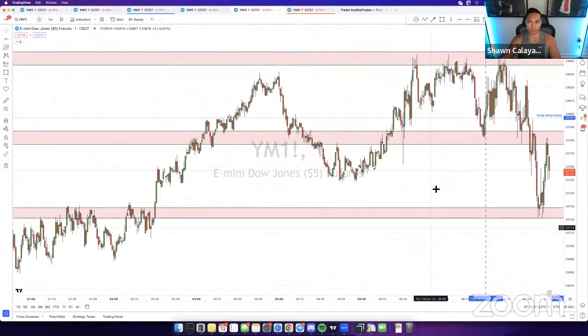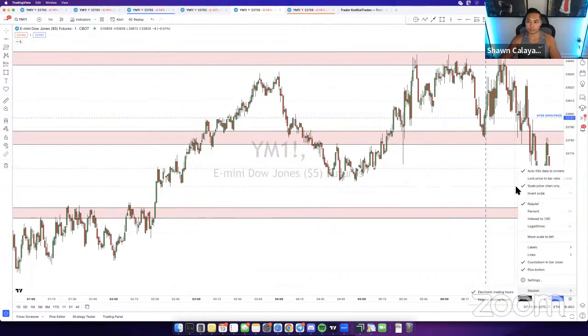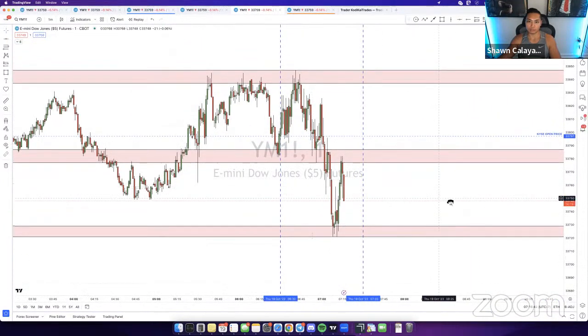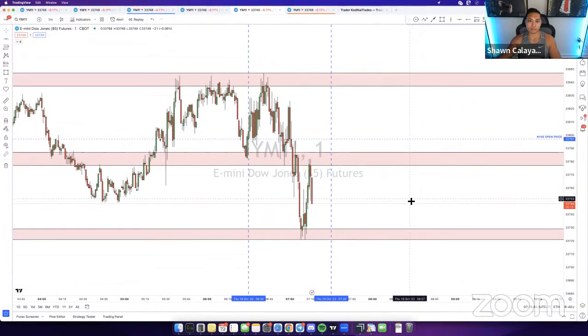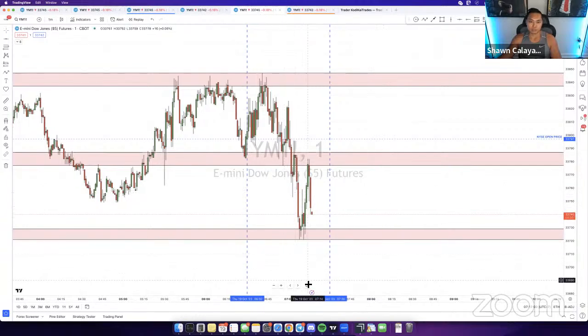Here's our clean chart. As you guys can see over here, let me go and just make some adjustments again. Looking over here, you can see that price is moving in two ranges. Price was moving in this upper range earlier, then it broke below, and now it's still moving in this range down below. Same difference.